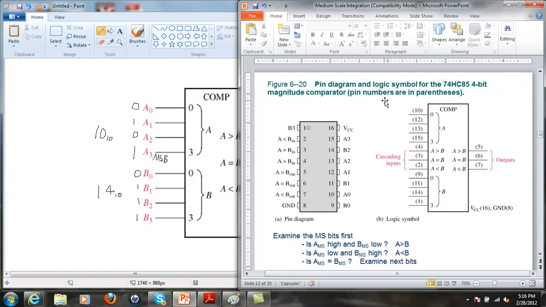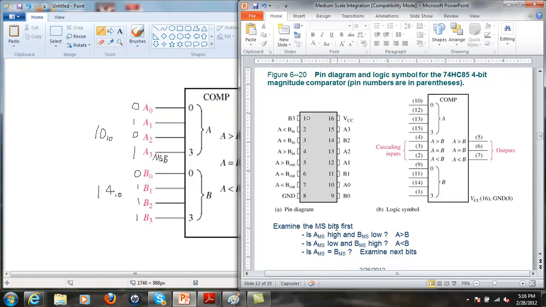Now if I wanted to make an 8-bit comparator, I'd have to cascade 2 of these together so it would compare the most significant bits first, and it would determine if the most significant bits were high.